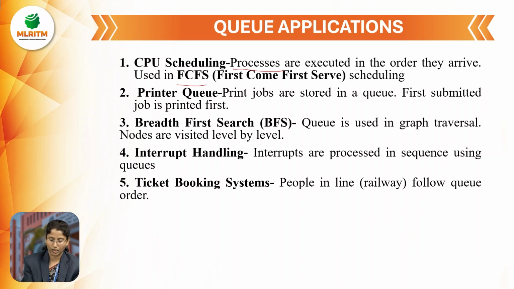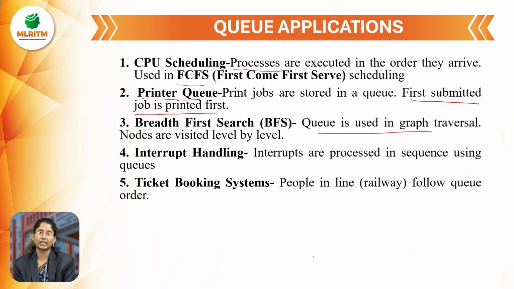The next application of the queue is the printer queue. The jobs are stored in the queue, and the first submitted job is printed first. The next one is breadth first search, where the queue is used in graph traversals. For depth first search we use the stack data structure, and for breadth first search we use the queue data structure.